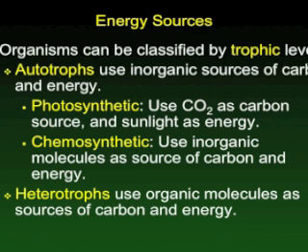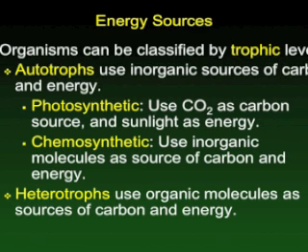And the first group, mainly plants, is the group that takes the energy from the sun and carbon dioxide from the air and uses the sun's energy to drive a chemical reaction that turns that CO2 into sugar. And those are the photosynthetic organisms.